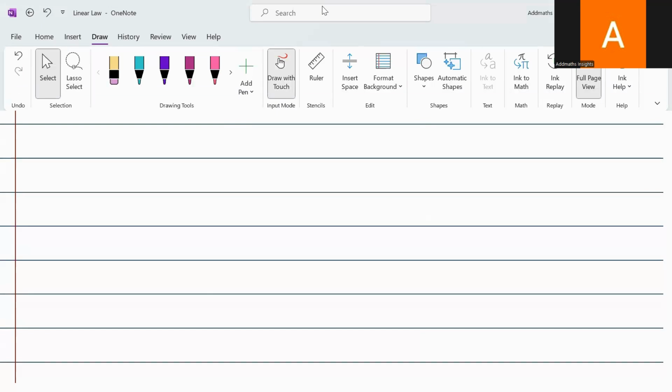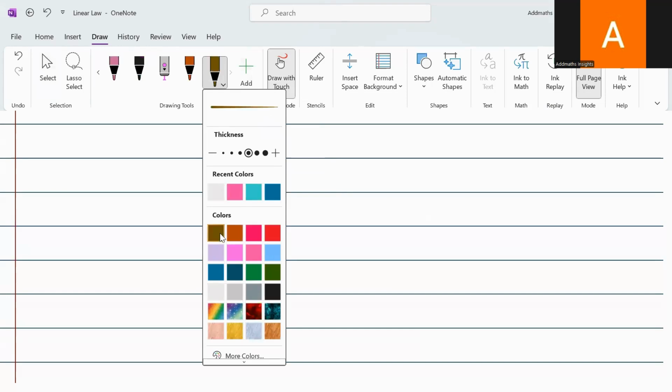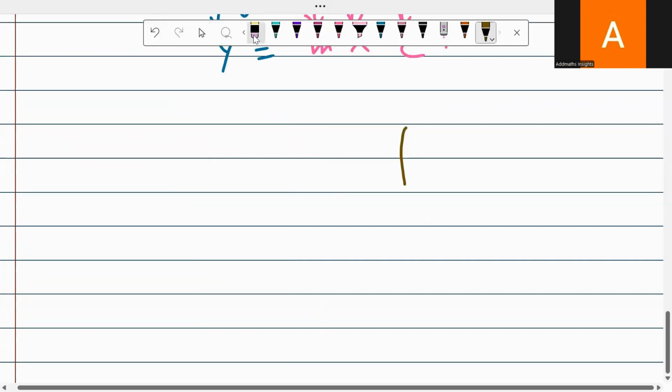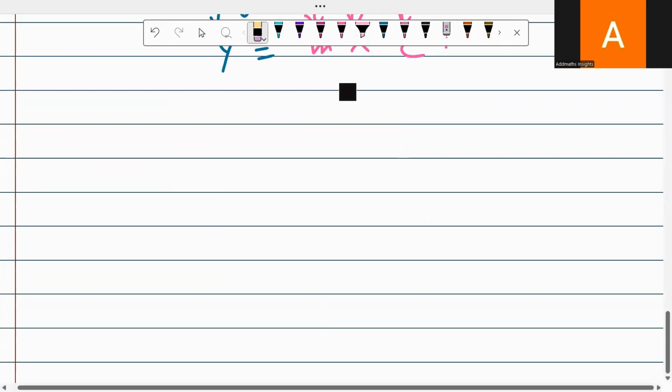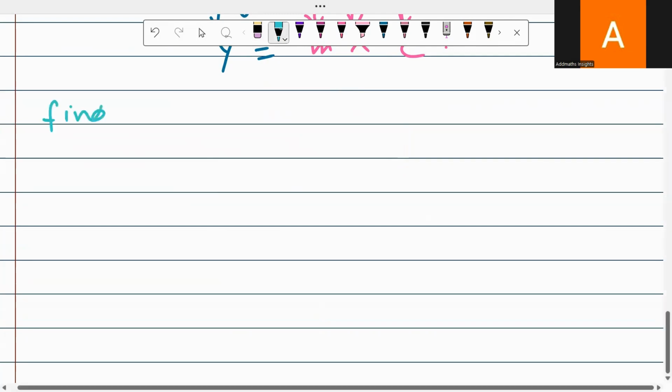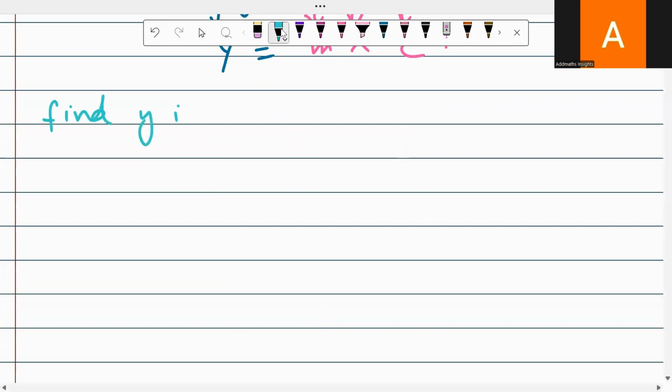When you draw, you get a straight line. So how can you draw different lines? For example, the question is, find y in terms of x.